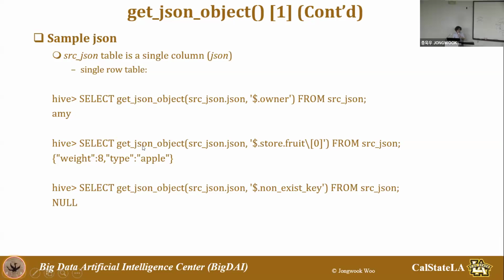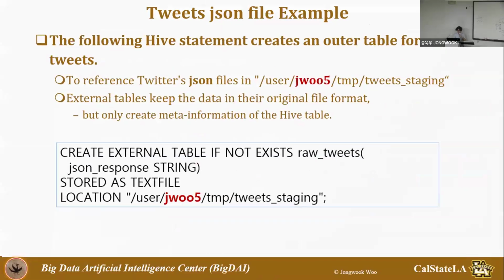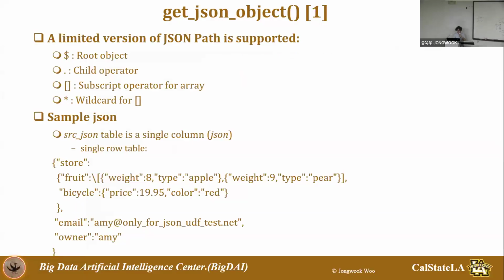you can use selection element to test it. If you call getJsonObject function again from source JSON table, source JSON table has only JSON column, so you can call JSON or source JSON.json, and then it starts with the root.store and then .fruit of backslash first element 0. So if you look at here, it says root.store, right?